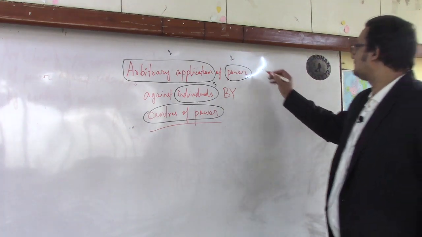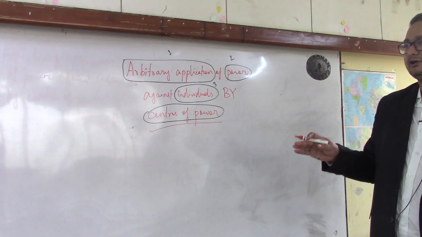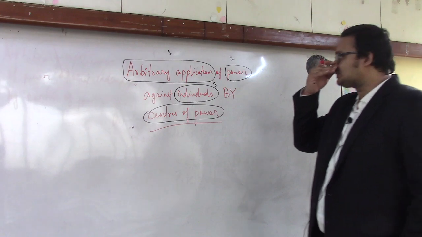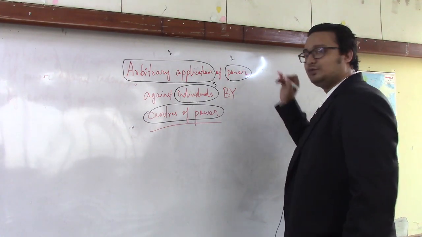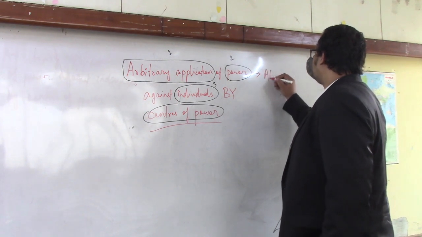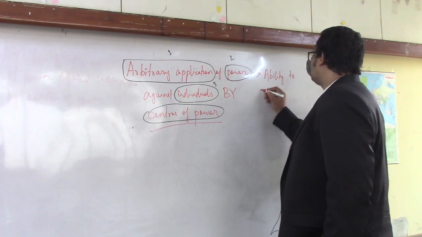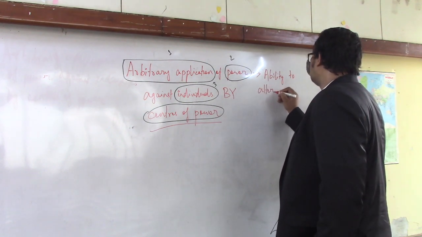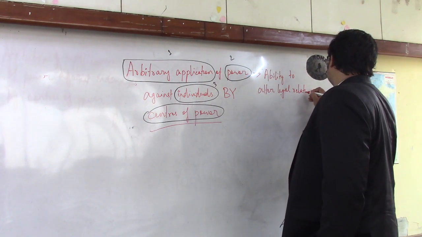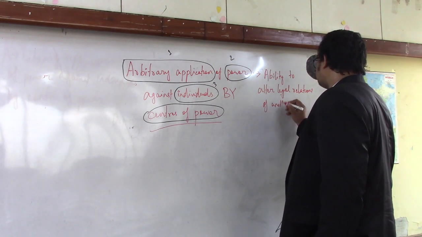If you remember, and I'm taking a small detour over here. You don't have to know this in detail for writing in the answer, but just to think logically. What do we mean by power? Power means ability to alter legal relations of another.